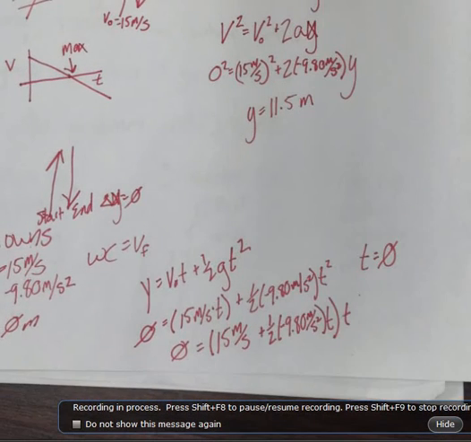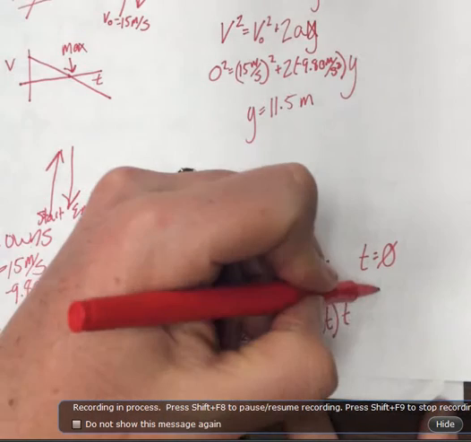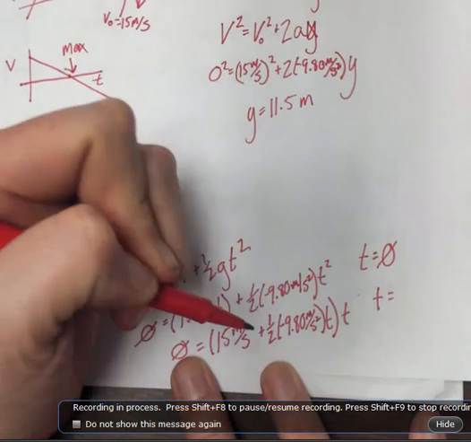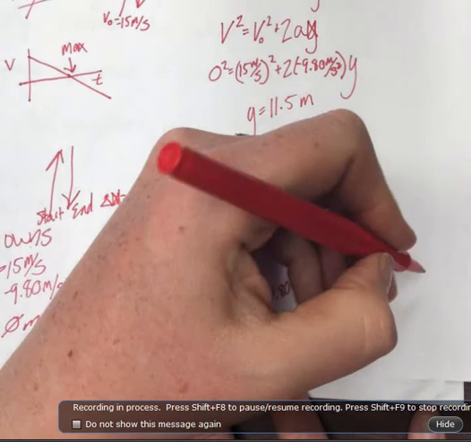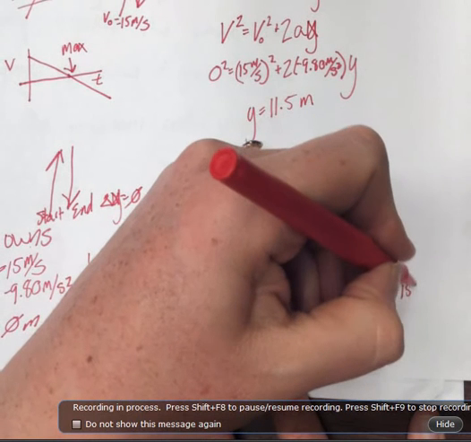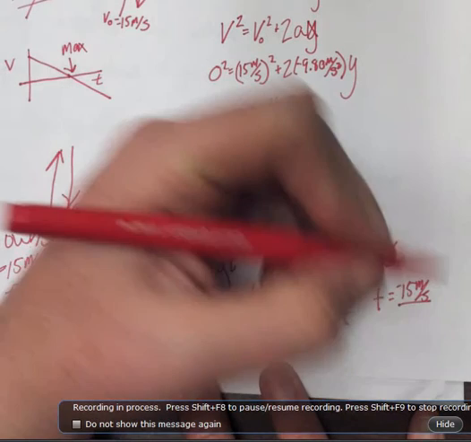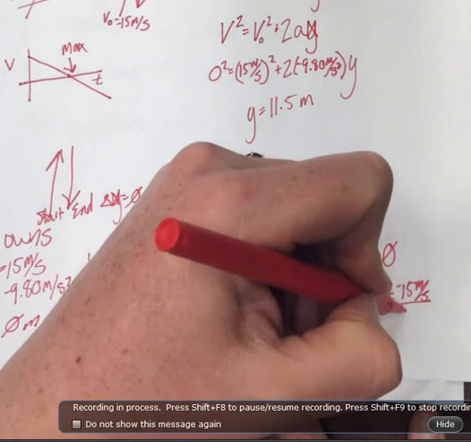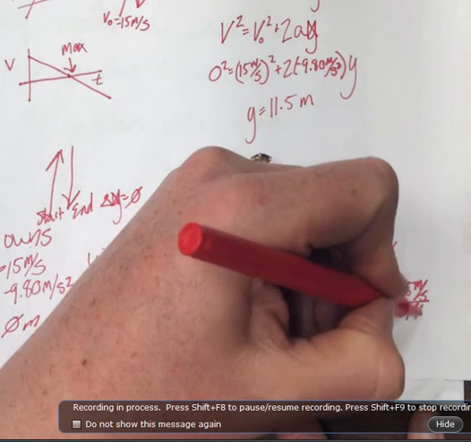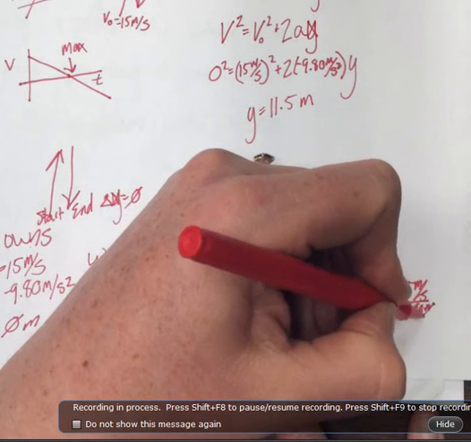Another one of our options is that time equals 15 meters per second divided by 1/2 of g, which is negative 4.90 meters per second squared.